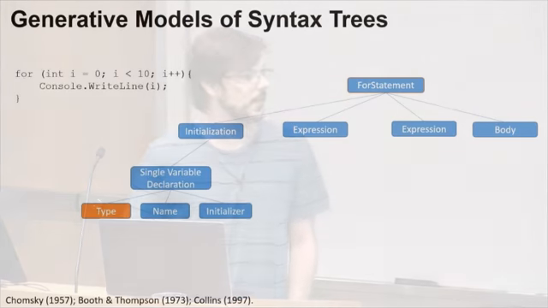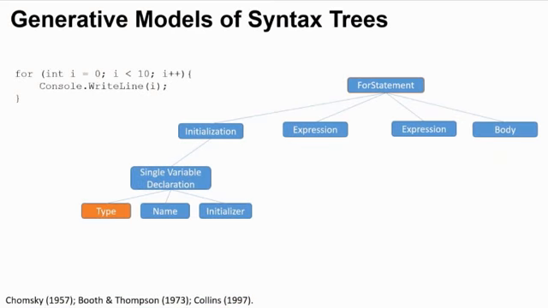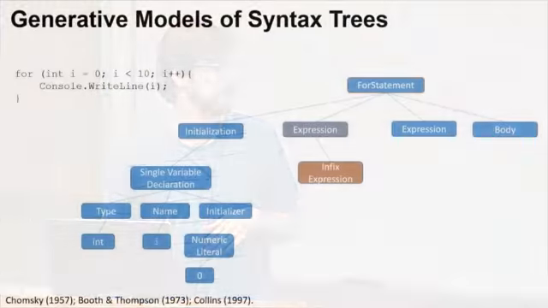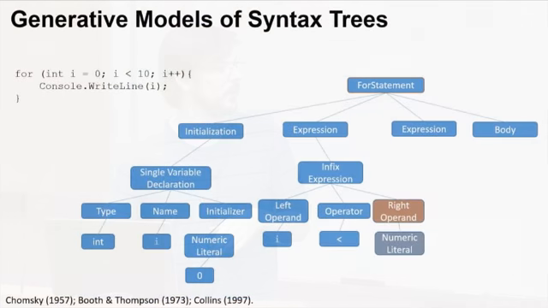That requires a type, a name, and an initializer. The type is going to be int. The name is going to be I, and on and on. And we can generate this tree. At the end of the day, at the leaves, we've generated the source code. I've messed up a little detail here because I've dropped a few tokens that should belong in here. There should be the tokens corresponding to equals and the semicolon and whatnot, just as additional nodes here.